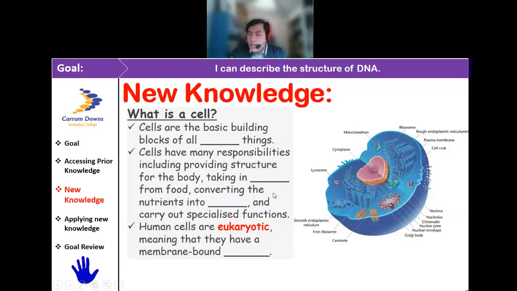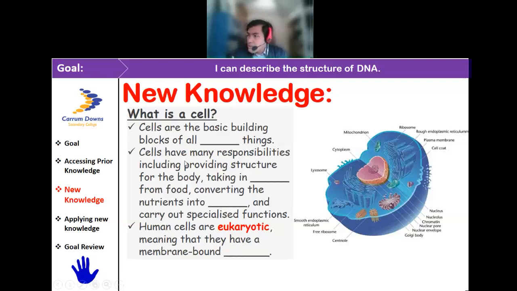Now I do understand that that's going to be a very, very long time ago, and that's fine. So we're just going to quickly go through it again. So don't worry if you forgot about cells. It's just going to be a quick recap, and hopefully by the end of this you remember some things about cells.